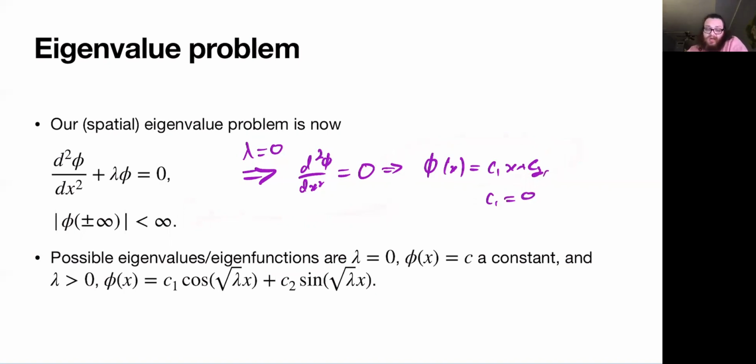So in this case, lambda equals 0 is a viable eigenvalue, and the corresponding eigenfunction is a constant, C2. Likewise, for lambda positive, as we saw on the other slide, this is a viable solution because it's bounded. It also solves this ODE, and we're good to go.